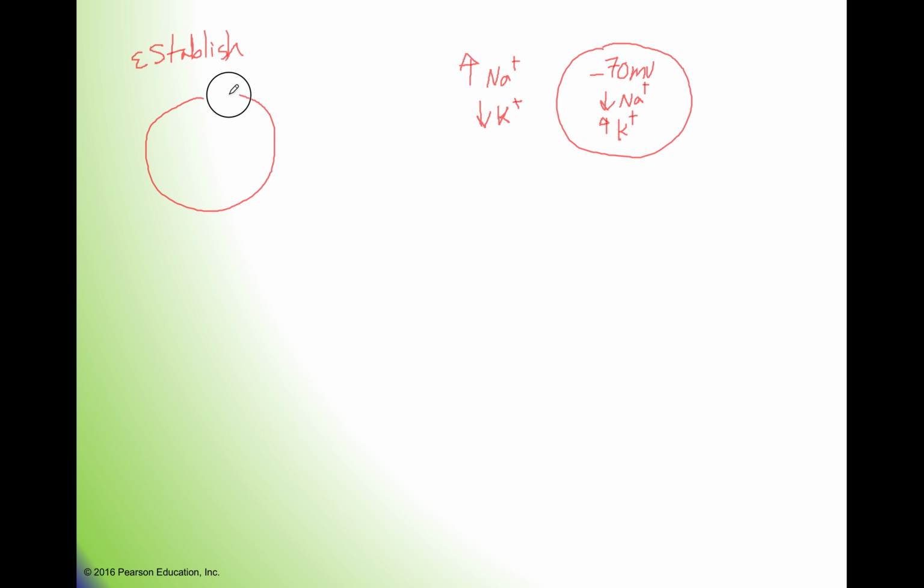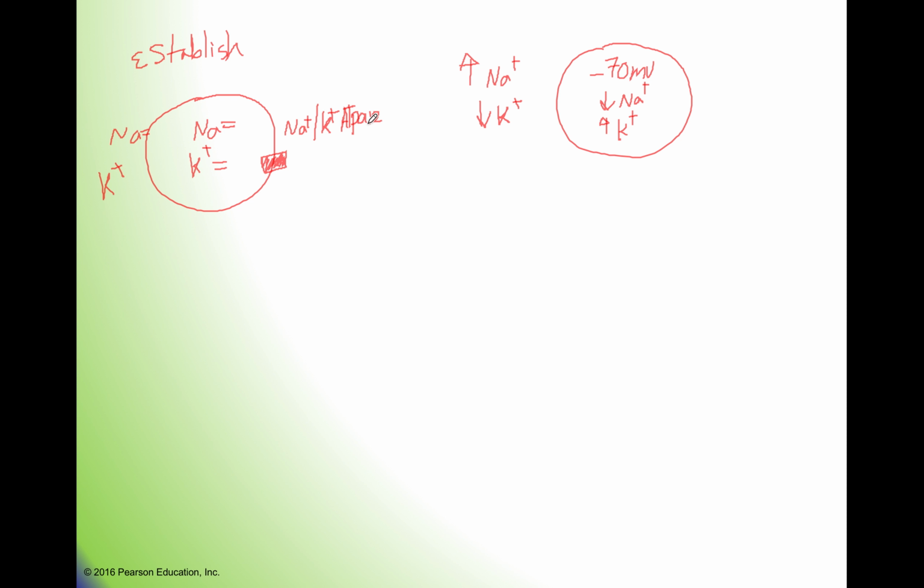So let's think about a cell that has an equal amount of sodium inside the cell and outside the cell, what you start with, and an equal amount of potassium inside and outside the cell. Now, to establish the electrochemical gradient, we're going to implement a channel, which we call the sodium potassium ATPase, which all of you should remember.